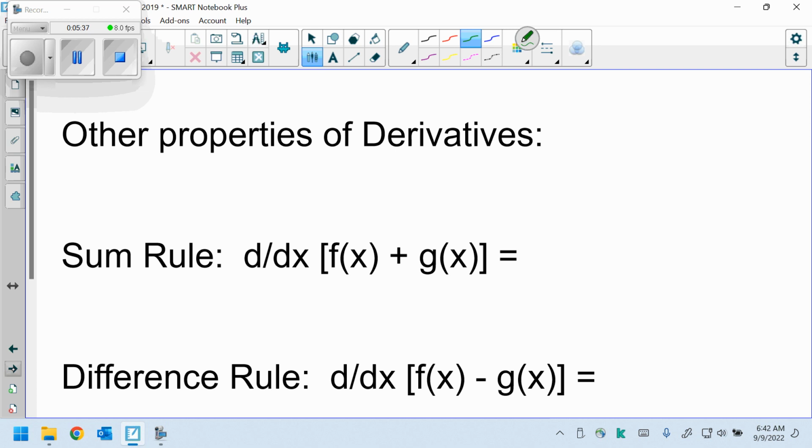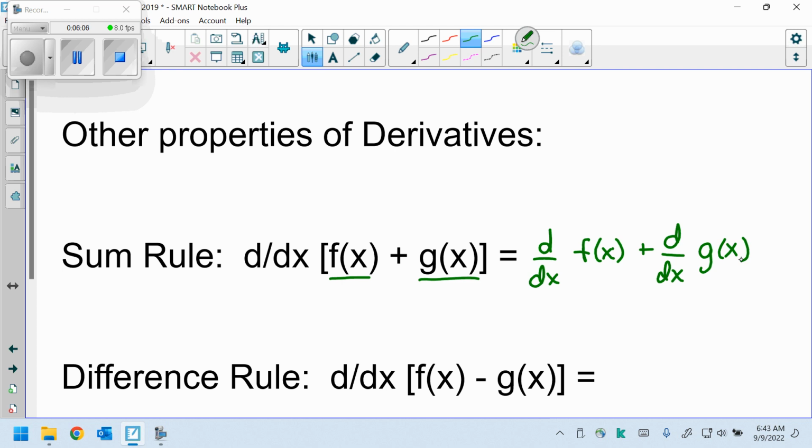Other properties. These are pretty easy. The derivative of some function plus another function can be found just by taking the derivative of this first function and adding to it the derivative of the second function. If you find that easier, just find the derivatives separately and then add their results together.